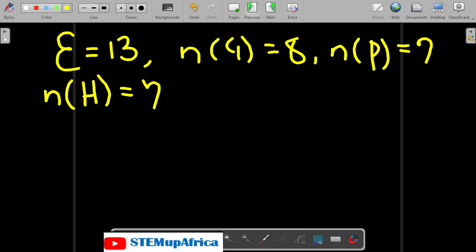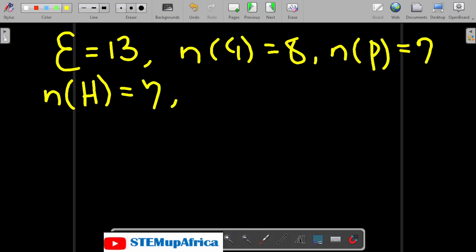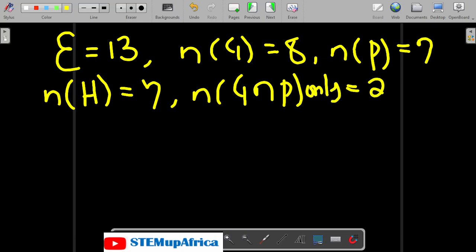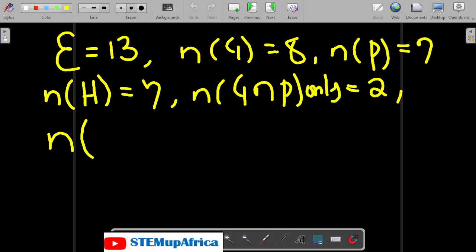Then we are told that 2 teach government and geography only. So the number that teaches government intersection geography only is equal to 2. Then the number that teaches government and history only is also 2: government intersection history is 2.